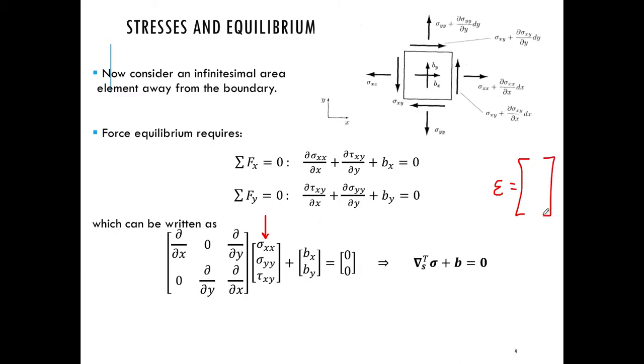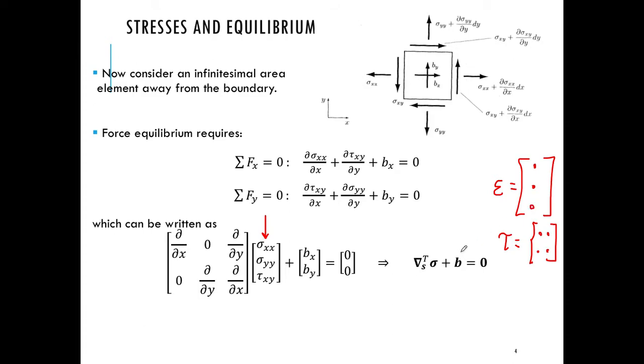Recall that I also have this symbol tau, which is my stresses written in tensor format, a 2 by 2 matrix, whereas these are vectors. Epsilon and sigma are vectors for FEM.